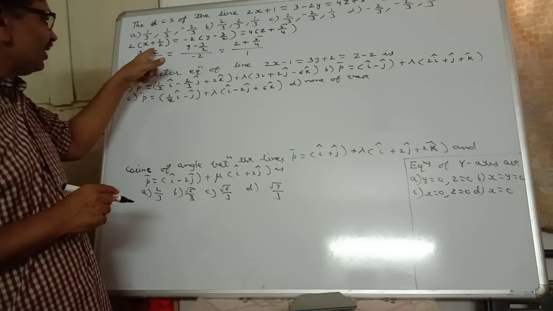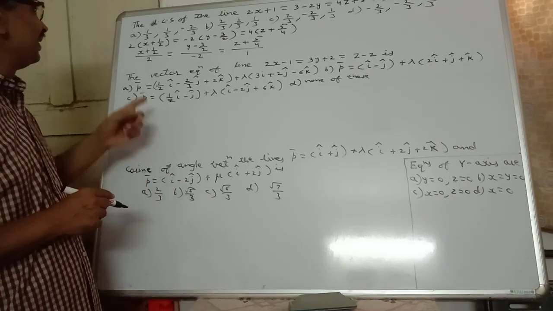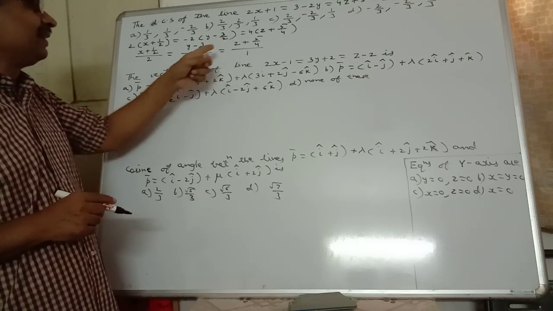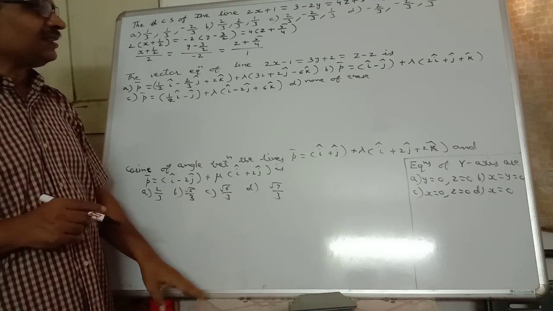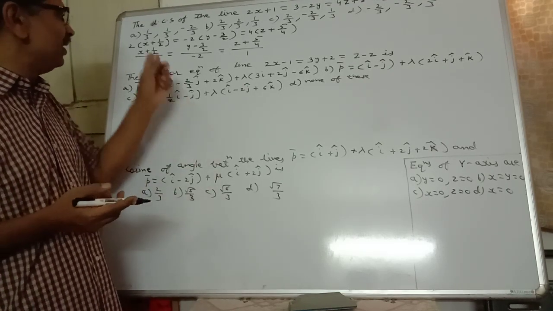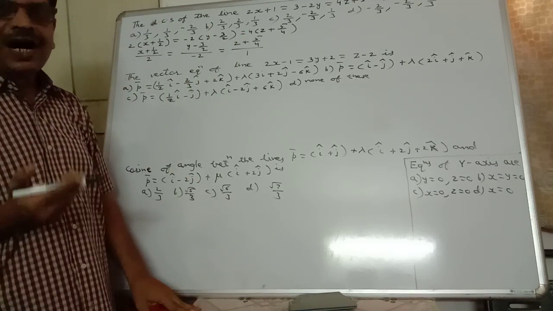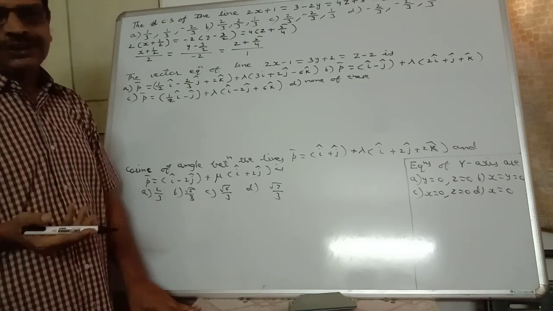From this equation we get the coordinates of one point on the line and the direction ratios of the line. In the options, direction cosines are there. So we do not need to find the coordinates of the point. What we have to find is direction cosines.